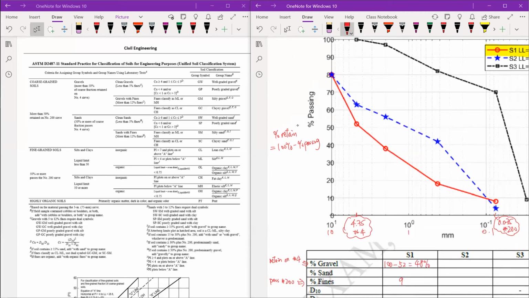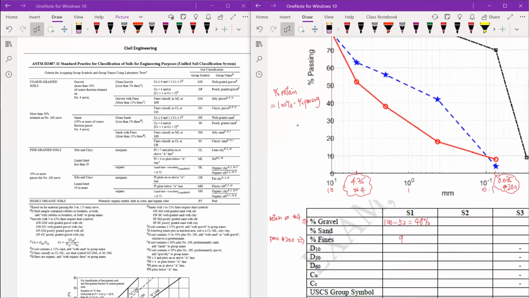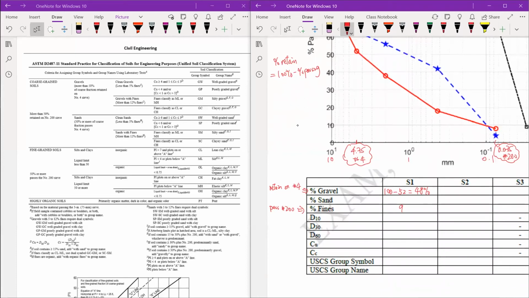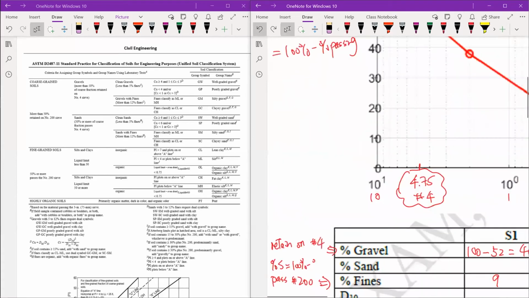That's the percent gravel. Then we look at percent sand. Percent sand will be the remaining particles, so it equals 100% minus percent gravel, minus percent fines.